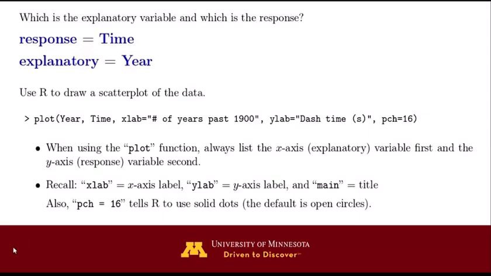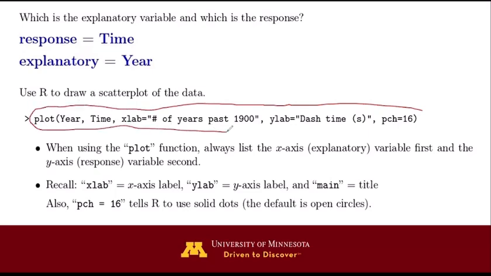I need you to pay attention right now. The very first variable that comes is the explanatory variable, followed by the response variable, and these are the labels for x and y.